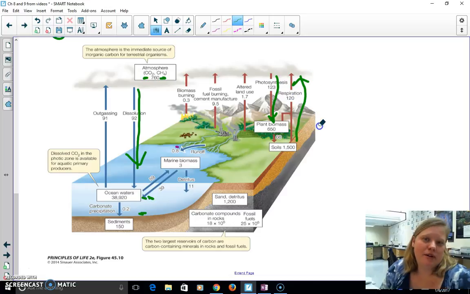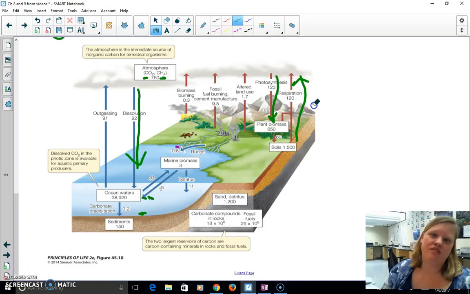Now, a hot topic right now, as you have probably been witnessing in the news, watching TV, and hearing your parents talk, is that the burning of fossil fuels releases CO2. The burning of biomass, like deforestation where large amounts of trees or grass are being burned, releases CO2 back into the atmosphere.